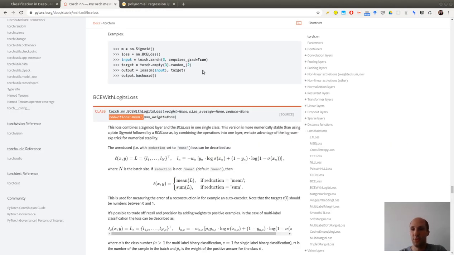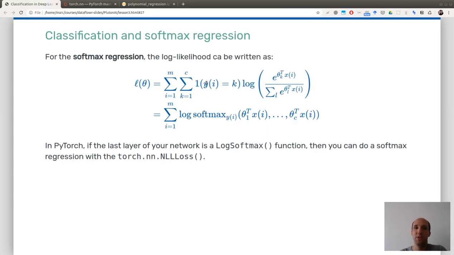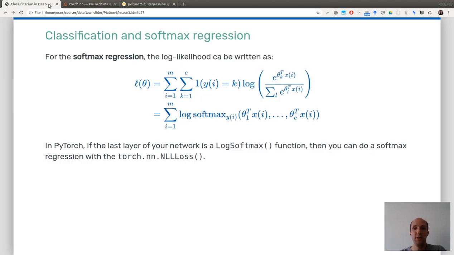If you want to know what the NLL loss is doing, you can look at the documentation here. NLL means negative log likelihood loss. So this is exactly what we are doing. This is the log likelihood. And here is an explicit formula: x_n of y_n, where x is the log probability, and you are just looking at the component y_n. So this is exactly the same formula as this one.